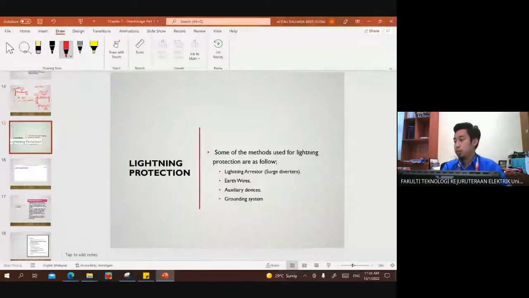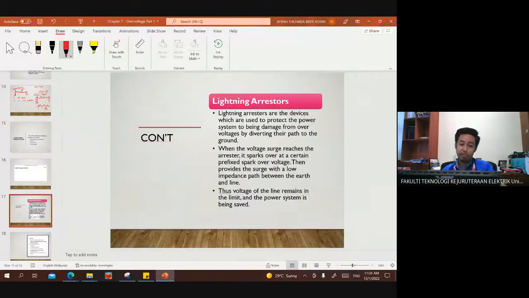Okay. So what you all shared just now is right, the main objective of the lightning protection system. But we must also know the lightning protection system has some components here. For example, the first is the lightning arrestor.